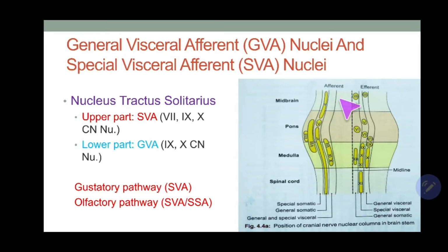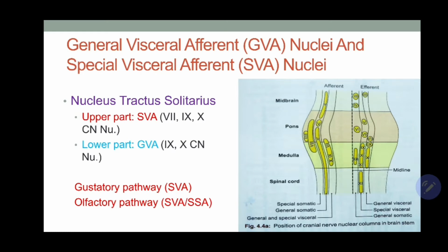So in this medial most afferent functional column, you have only a single nucleus, and that nucleus is positioned in the medulla, and it extends both in the open and closed portion of the medulla. The upper portion of the medulla is open because it forms the floor of the fourth ventricle dorsally, while the lower portion is within the medulla. So this is between the open and closed portion of the medulla, and that is the nucleus tractus solitarius.